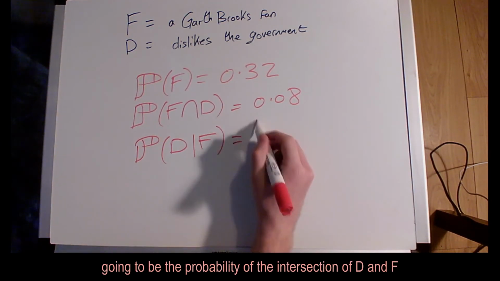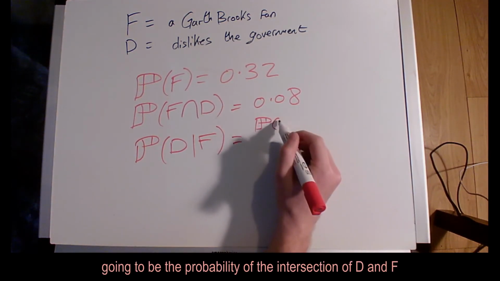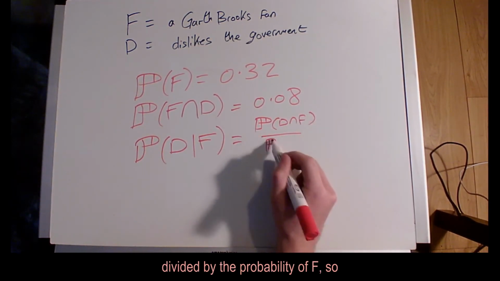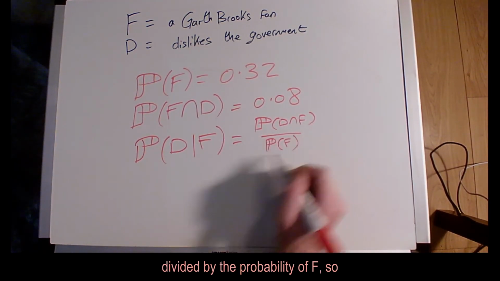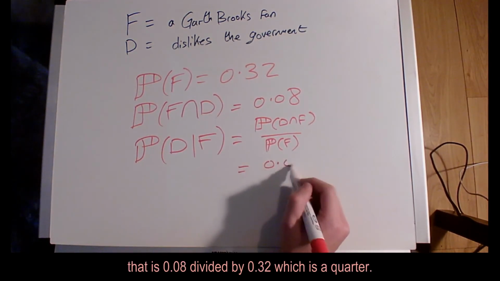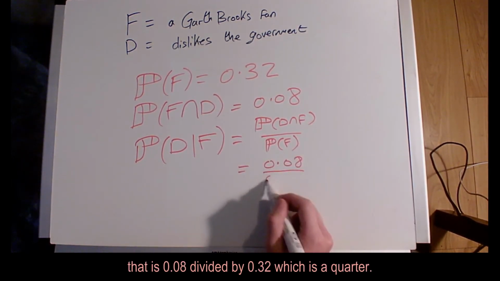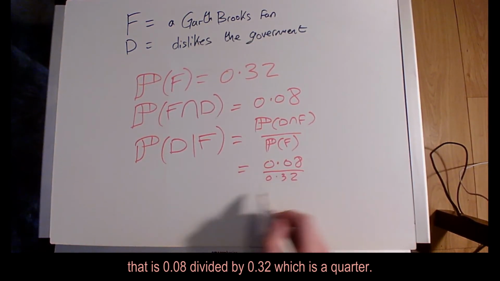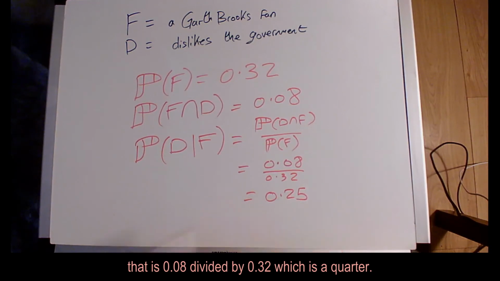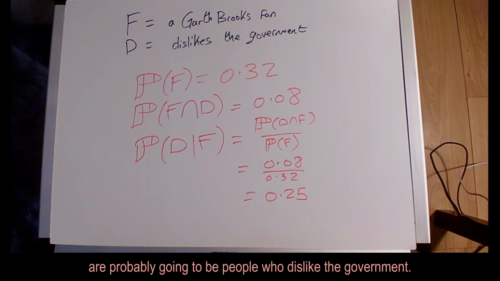That is going to be the probability of the intersection of D and F divided by the probability of F. So that is 0.08 divided by 0.32, which is a quarter. So in this scenario, a quarter of the audience are probably going to be people who dislike the government.